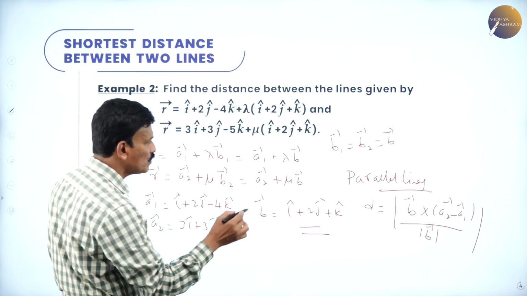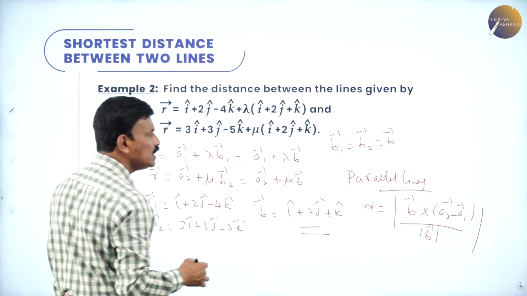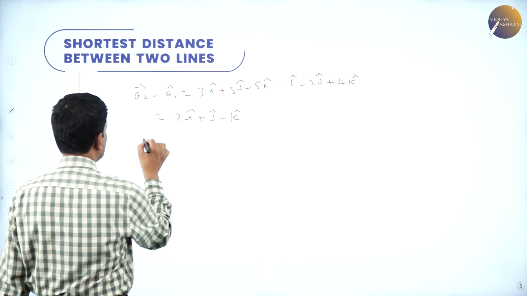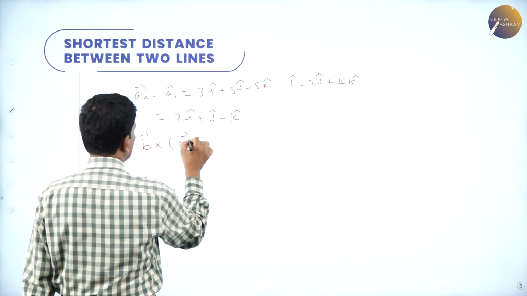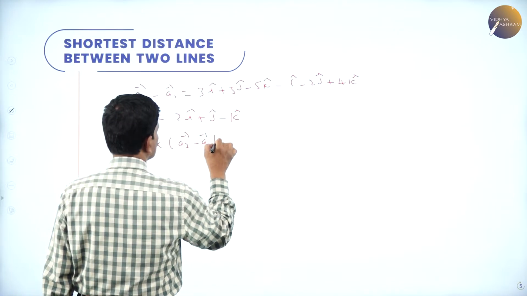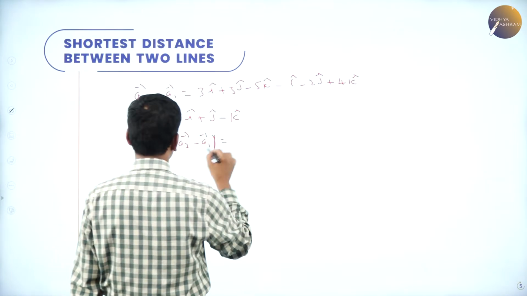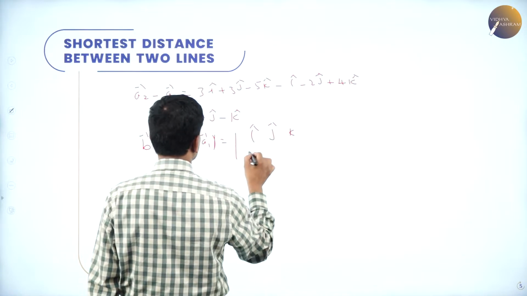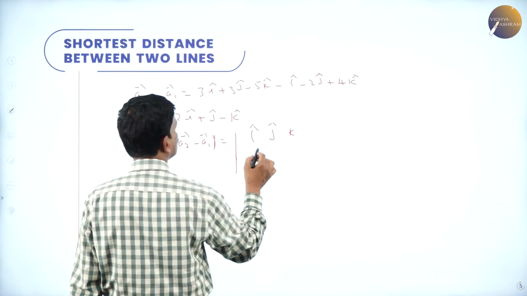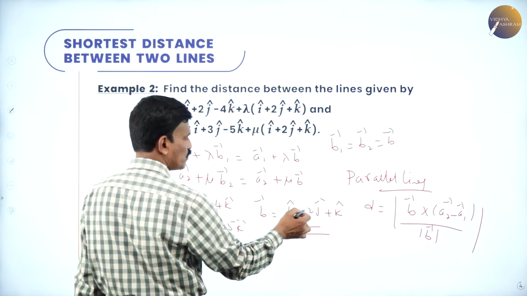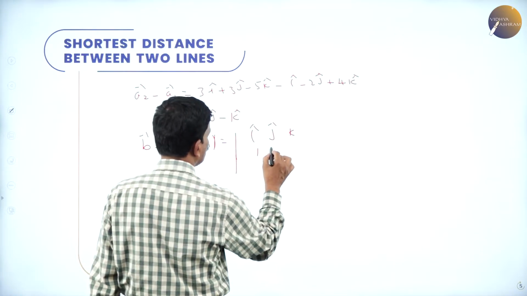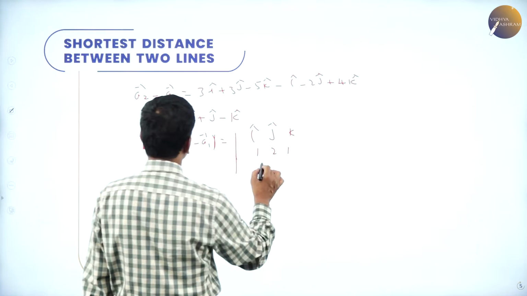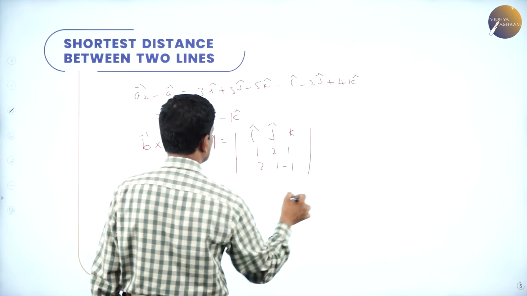Okay, now find out vector b cross (a2 minus a1) vector. So this is equal to the cross product, that is nothing but the determinant i, j, k, and vector b. What is vector b? i plus 2j plus k, therefore coefficients are 1, 2, 1. The coefficients of the other are 2, 1 and minus 1.